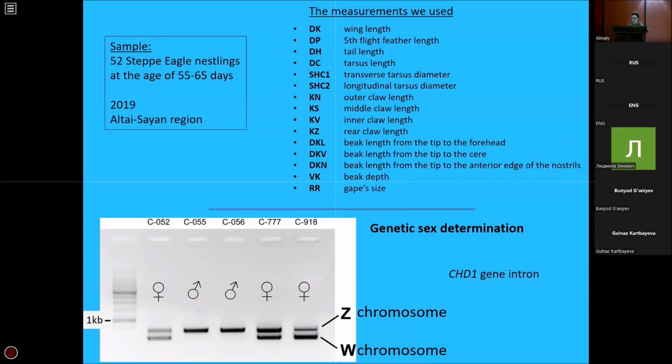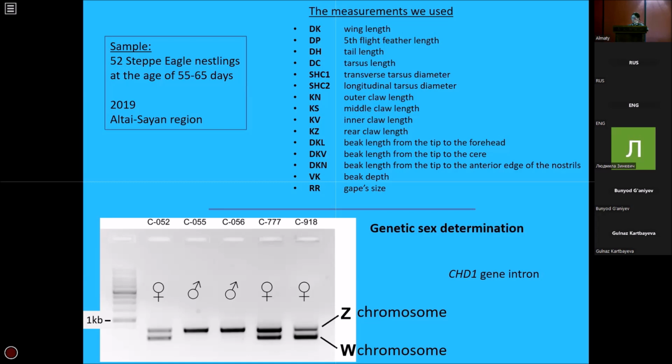We took a sample of 52 steppe eagle nestlings from the Altai-Sayan region, and we used 15 measurements: length of feathers on wing and tail, length and diameter of tarsus, length of claws, and different measurements of the beak. To get a formula, we needed to know exactly the sex of each nestling.